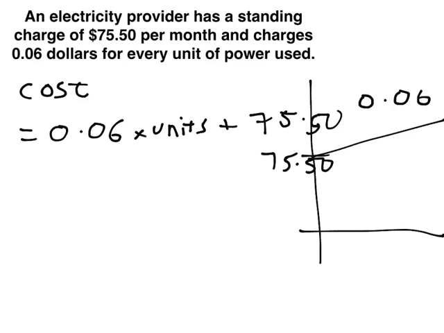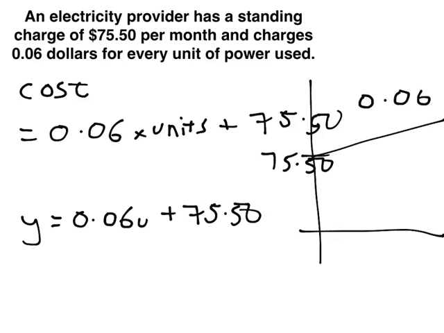Okay, so make that a little bit tidier. y equals 0.06, I'm going to call it U, plus 75.50. The starting figure is my plus c, and that unit rate, the gradient, is what goes there. Okay, y equals mx plus c.